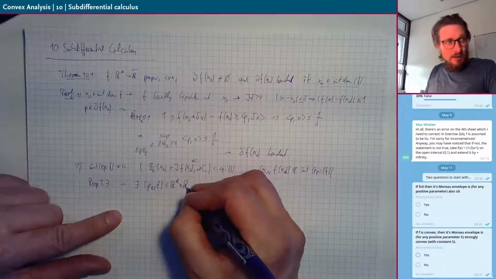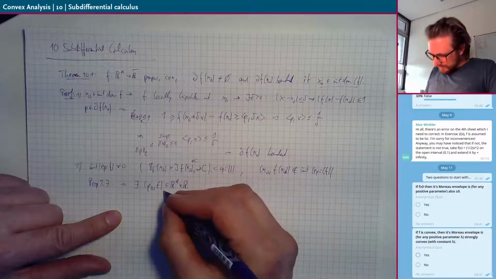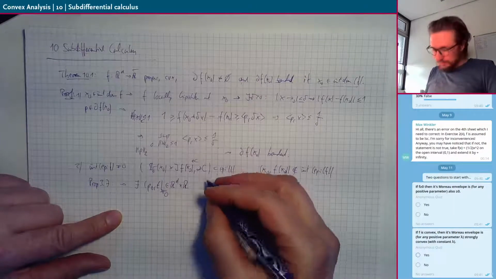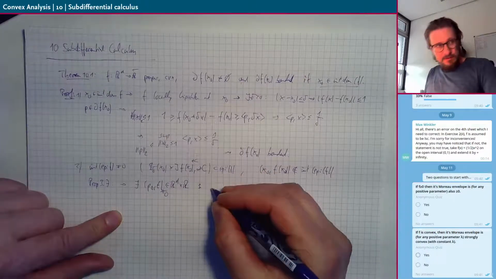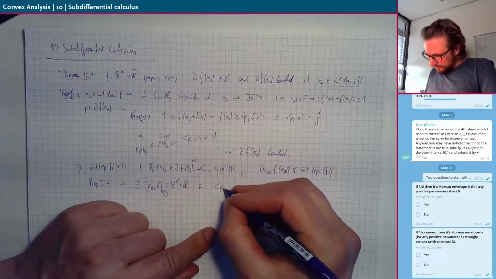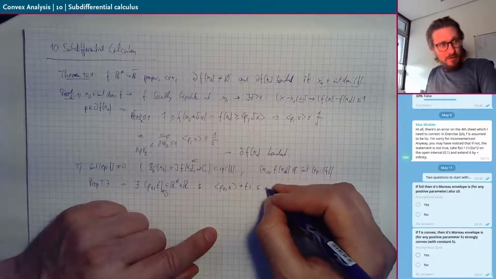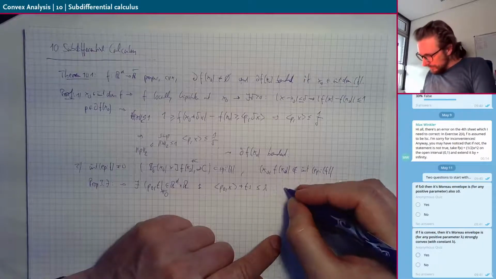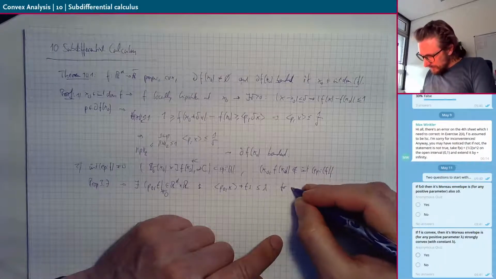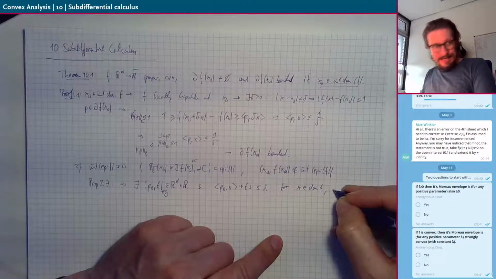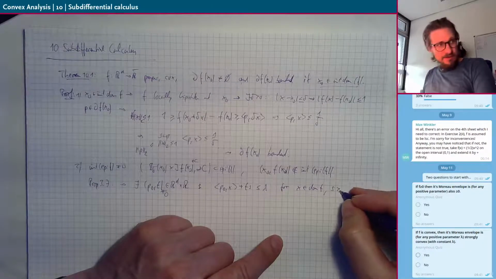in R^d times R, which is actually not the zero element, such that the inner product of p0 with x plus t times s is smaller than lambda whenever x is in the domain of f and s is larger or equal to f of x.